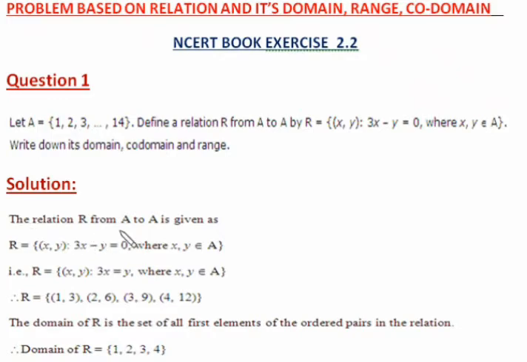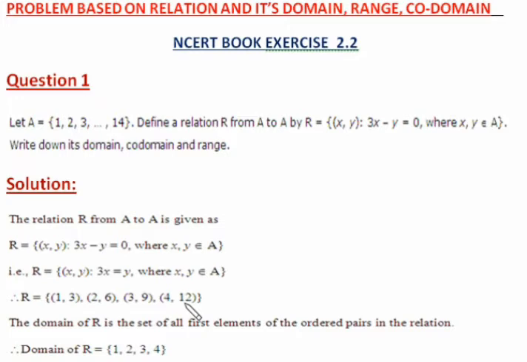Now see students, relation R from A to A is defined as (x,y) with 3x - y = 0. We take y to the other side, so y is equal to 3x. For every value of x, y is equal to 3 times x. When we take x equal to 1, we get y equal to 3, x equal to 2, we get y equal to 6, x equal to 3, y equal to 9, x equal to 4, y equal to 12.